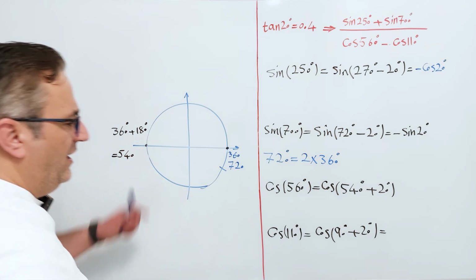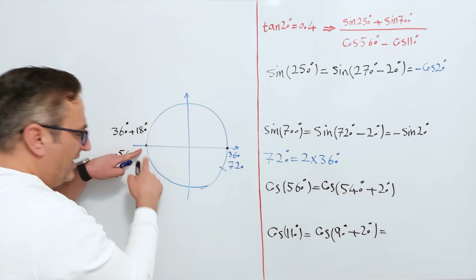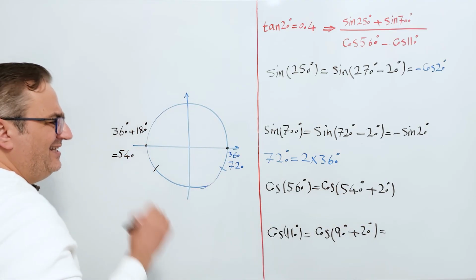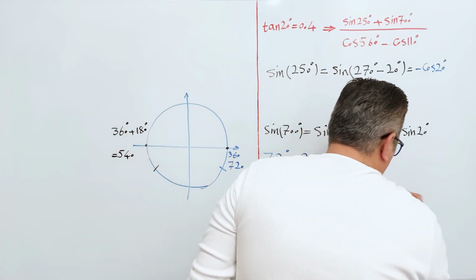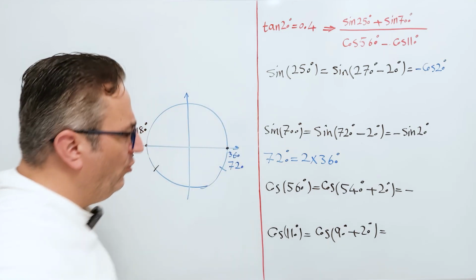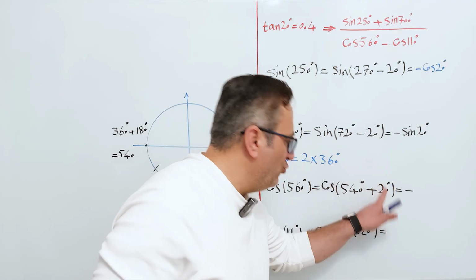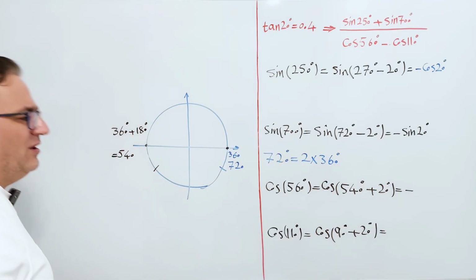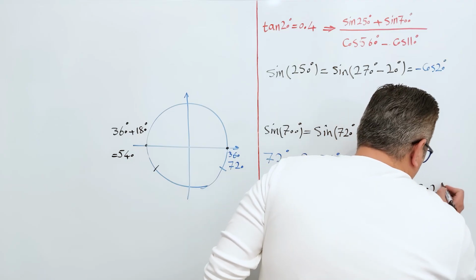Okay, so 540 degrees is here, plus 20 degrees is in the third quadrant. So we have negative, and cosine of 540 degrees plus 20 degrees is equal to minus cosine of 20 degrees.